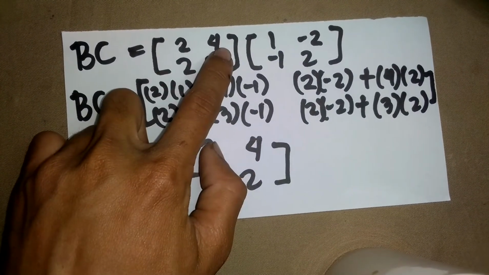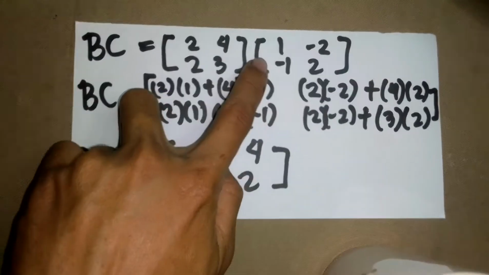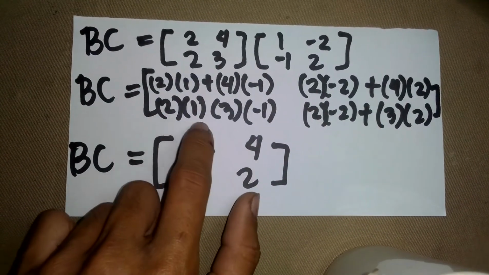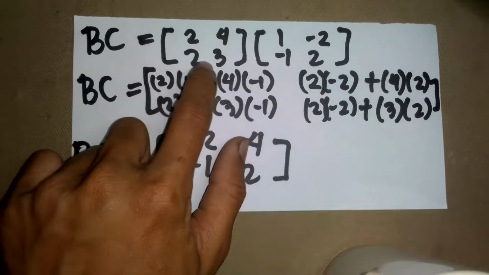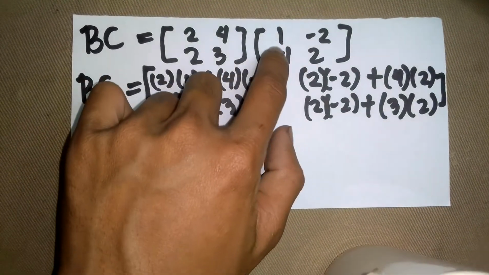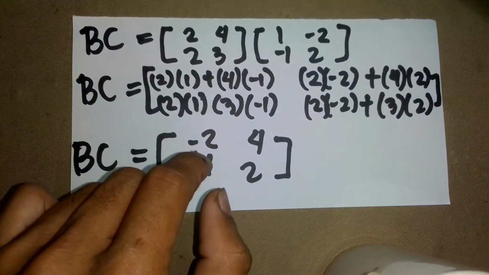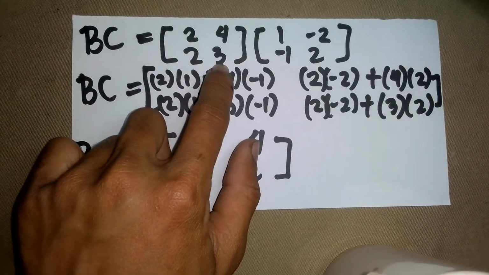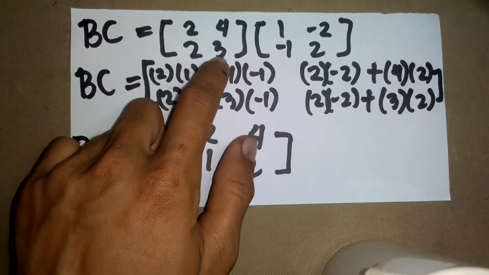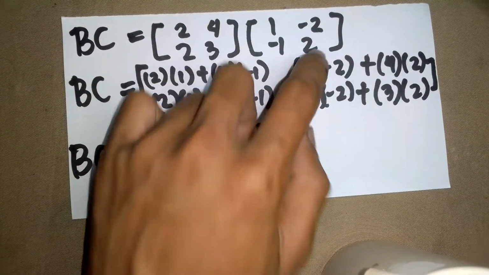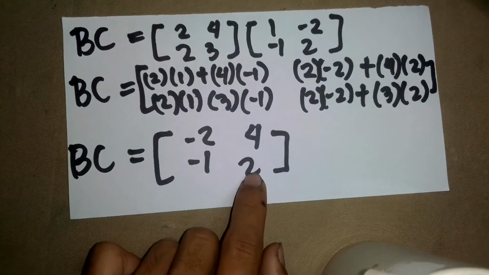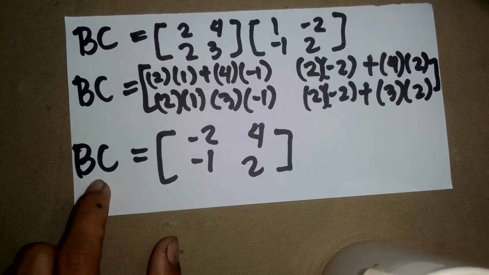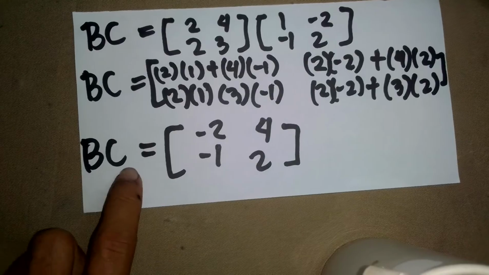First row to second column, we get the value of 4. Second row to first column, we get a value of negative 1. Second row to second column, we get a value of 2. That is the value of matrix BC.